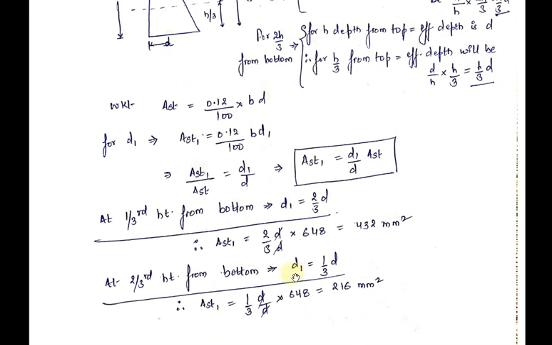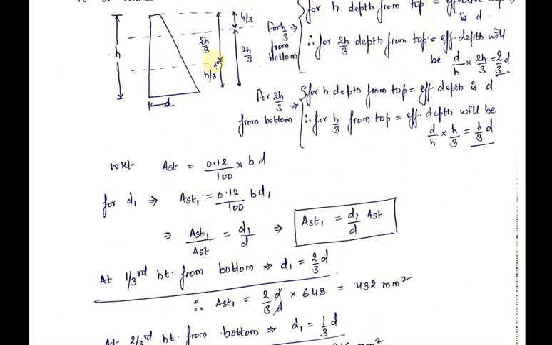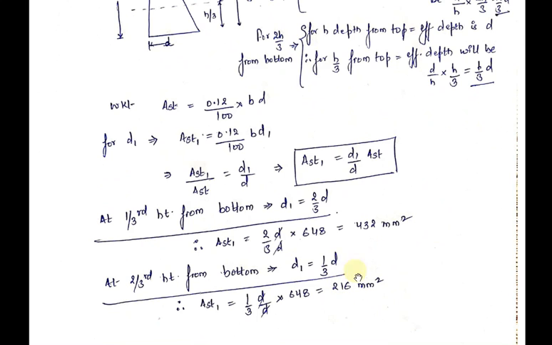So putting the value in this equation, I will get the area of reinforcement as 216 mm square. So therefore, at the bottom, the area of reinforcement will be 648 mm square up to a height of h by 3. After h by 3, the area of reinforcement will become 432, and after another h by 3, the value of AST will become 216 mm square.